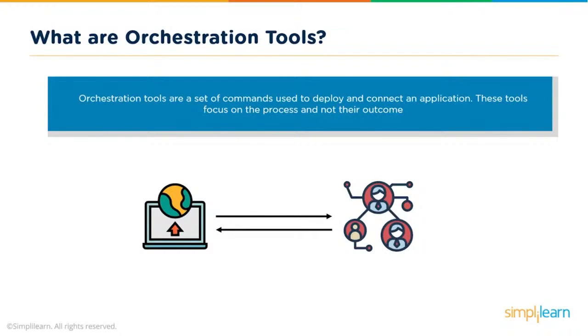If you can bake all these specific parameters into your orchestration tool, it becomes a one-stop shop for all your deployment and configuration management needs. That's why these orchestration tools have become very popular and relevant, specifically these days when people are more and more interested in adopting DevOps practices.